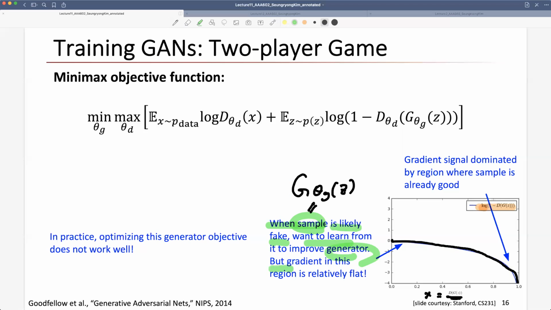But the gradient in this region is relatively flat. So it's really hard to get the loss gradient signal. While on the other hand, the gradient signal is dominated by the region where the sample is already good here. Okay, let me think about this one again.